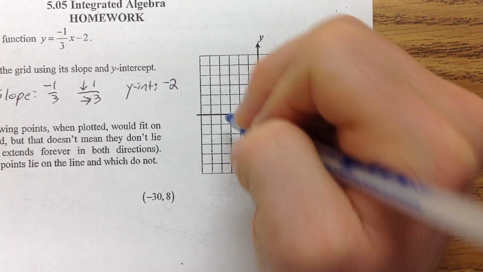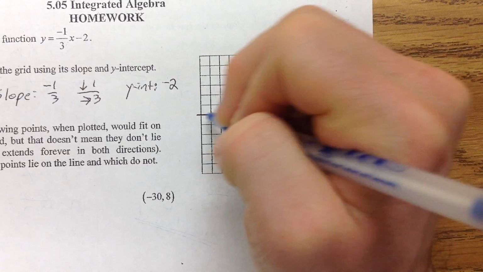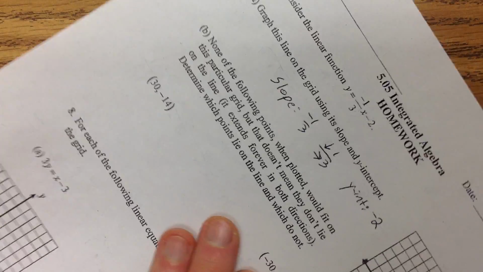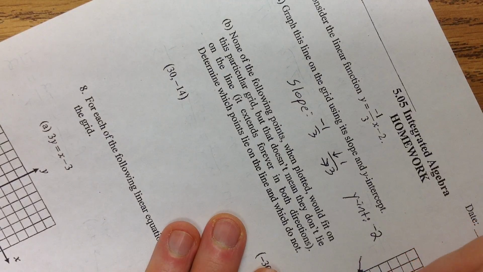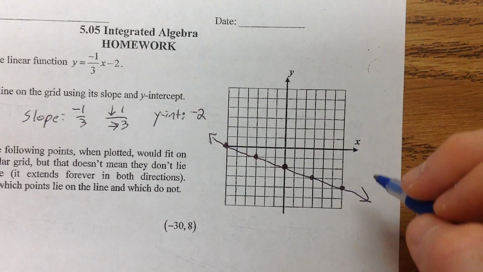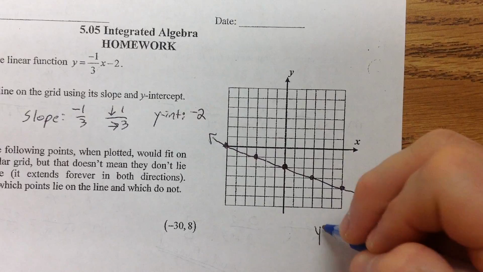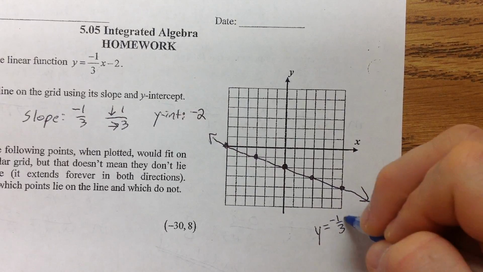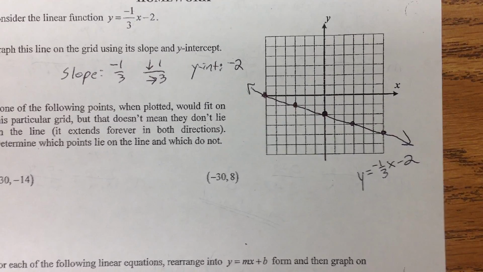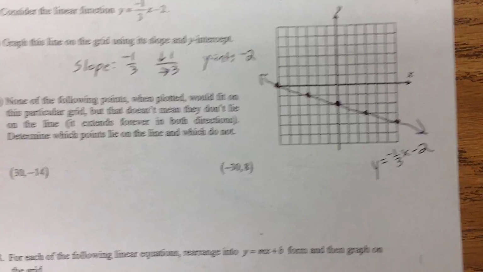So we can go up 1, back 3, up 1, back 3. We get our points. We can connect those points. We can throw a label on this, so y equals negative 1/3 x minus 2.